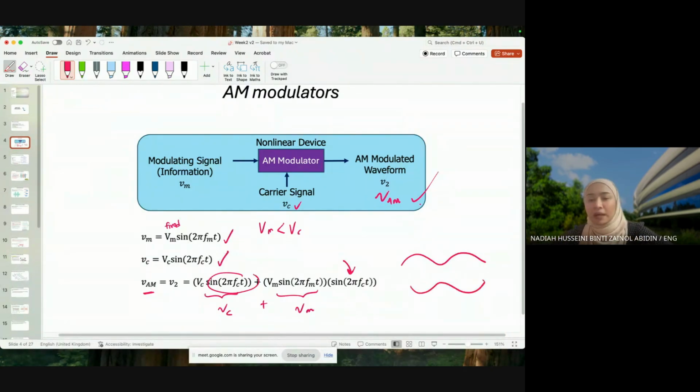This shape is your VM shape, and then it is reflected, symmetrical, almost like a mirror. This is the original shape, doubled and reflected below, and inside is your carrier signal. So this is how it looks.